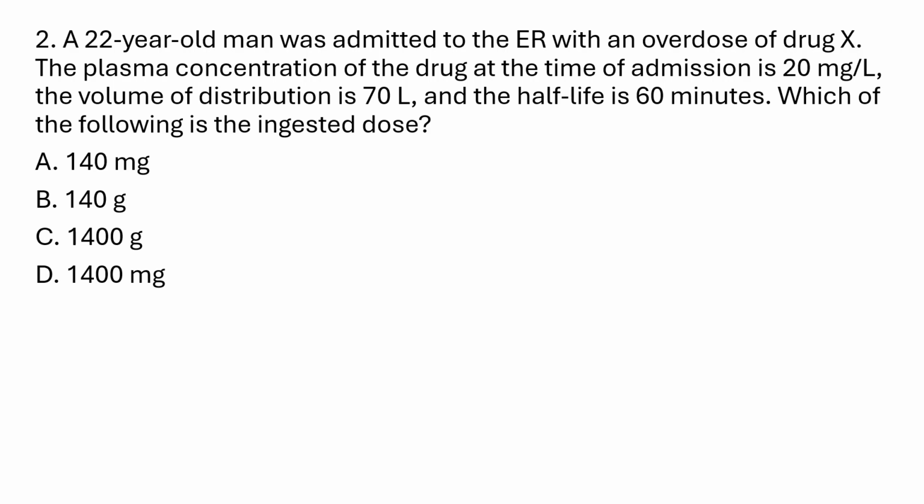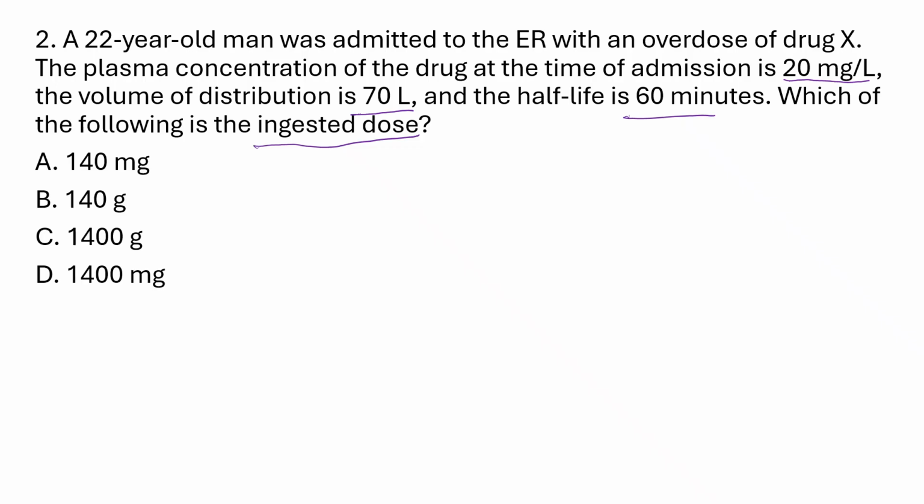Here we have a 22-year-old man and drug X, the plasma concentration is 20 milligrams per liter, volume of distribution 70 liters, half-life 60 minutes. Which of the following is the ingested dose? You have to look at what the lead-in is asking. It is asking only for the dose.